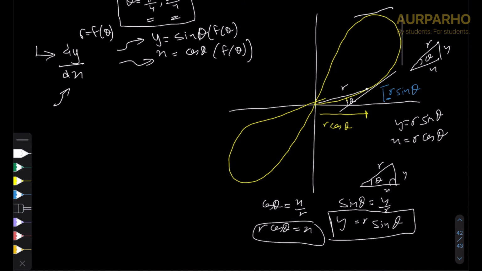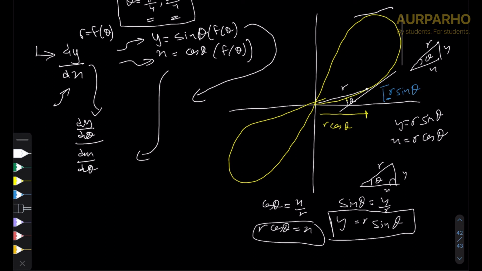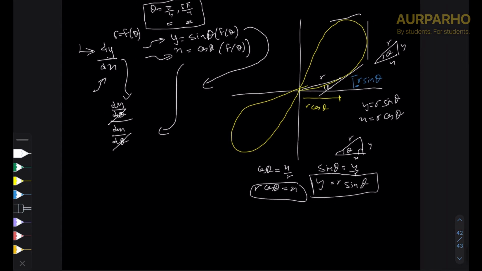What I would like to clarify is that this is actually dy over d theta, and this is dx over d theta, but the d theta cancels, because this is y in terms of theta and this is x in terms of theta. When we put this in a fraction, the d theta and d theta cancel.